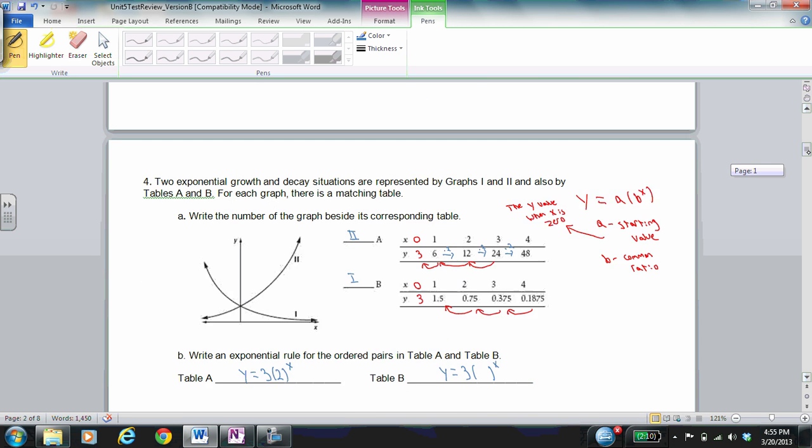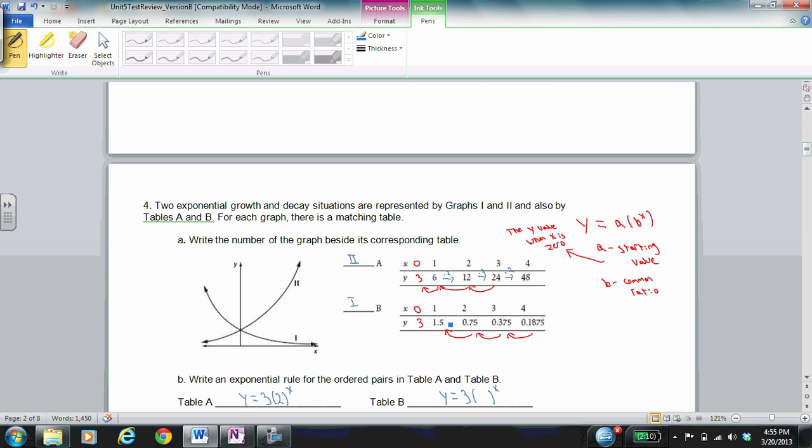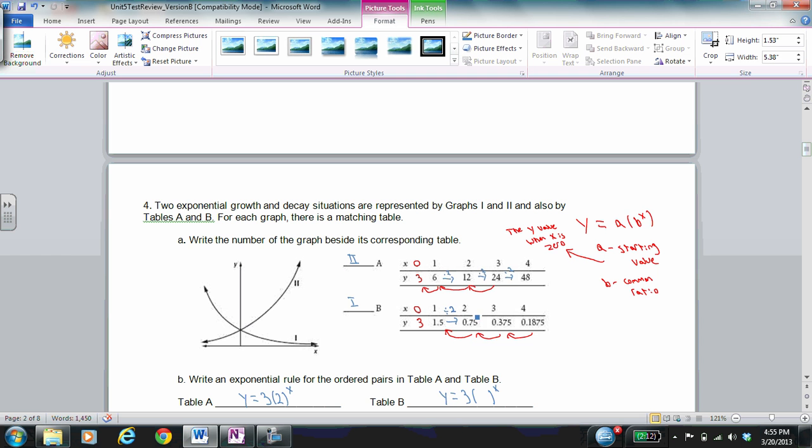Whoops, sorry for jumping there. Now if we look at going in the typical direction that we think of, we're actually dividing by 2 every time. But remember, we want to write that not as dividing by 2, but as multiplication, because common ratios talk about multiplication. So dividing by 2 is the same as multiplying by 1/2. So this is 1/2 that we're filling in for our rule there.